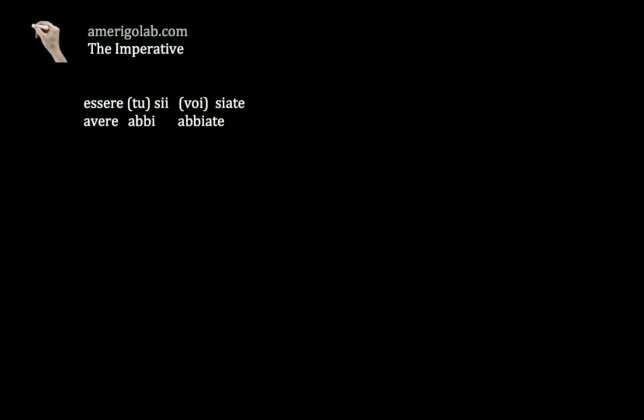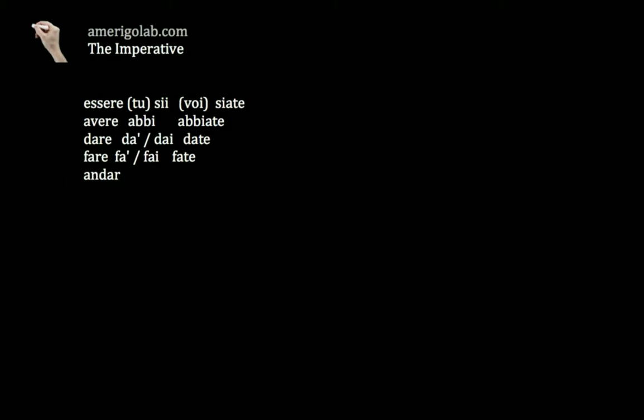For the verb dare, we have for the tu form da' with the apostrophe or dai, and for the voi form we have date. For fare we have fa' with the apostrophe or fai, and for voi forms we have fate.